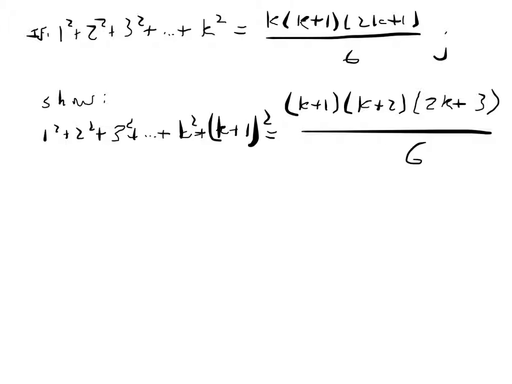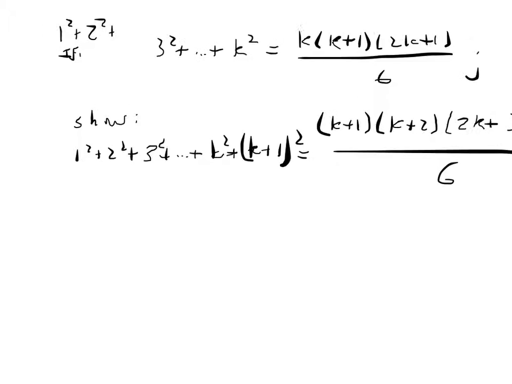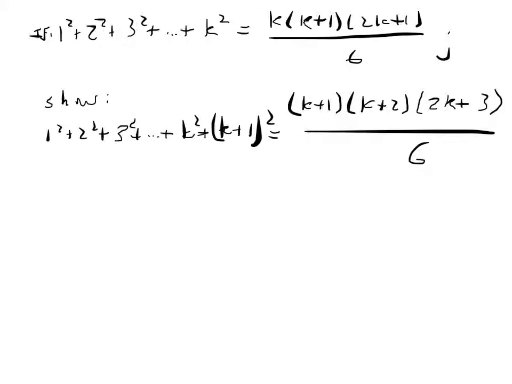And our strategy again is to look at the two left sides and to note that they are very similar. This side and this side differ only by that k plus 1 squared term being added here. So if this is true and I add k plus 1 squared to each side, I'm going to get a true statement. So if I add the k plus 1 squared to this side, I then need to show that this simplified right side, plus k plus 1 squared, equals this mess here. And that's where the algebra comes into play.